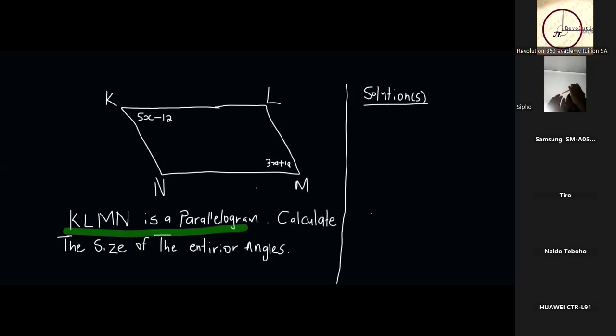So let's look at the green statement that I highlighted. They are telling us that KLMN is a parallelogram. And then I asked you, what is a parallelogram? Then a student said a parallelogram is a quadrilateral with both pairs of opposite sides being parallel. Here comes the question. Since we understand that, do you have parallel lines on KLMN?